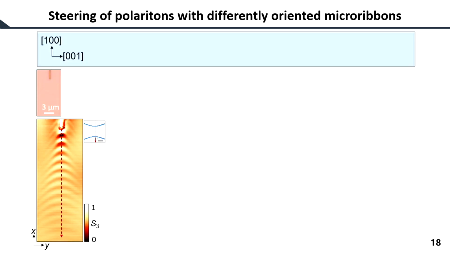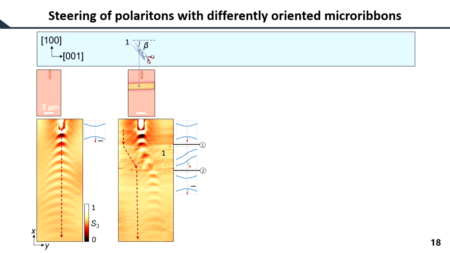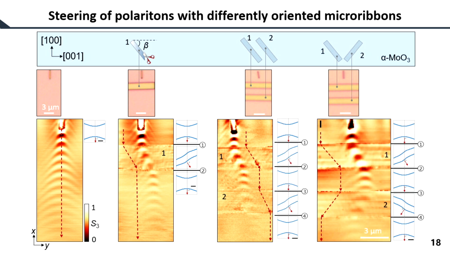Okay, and next we do some control experiments where we make more micro strips to steer the polaritons with differently oriented micro ribbons. Here we just put one micrometer here, and you see the hyperbolic polariton crossing here, because of the twisted topological polaritons.